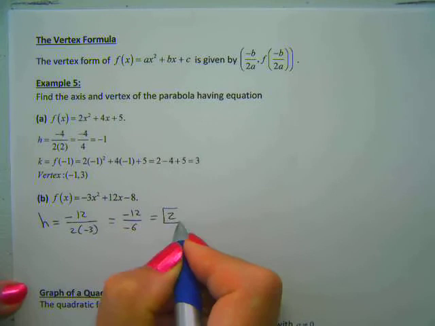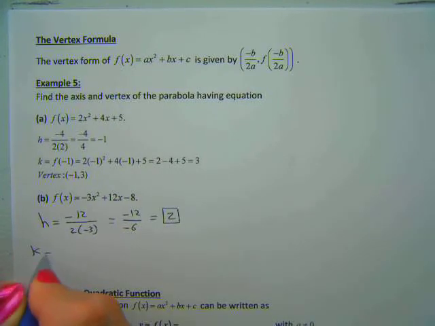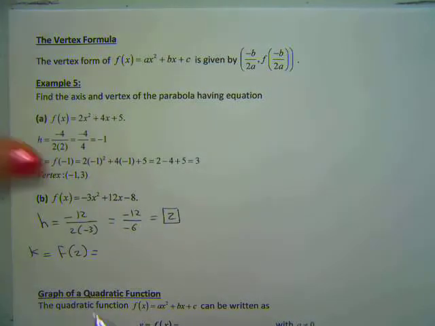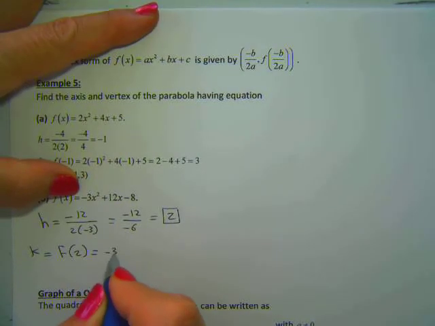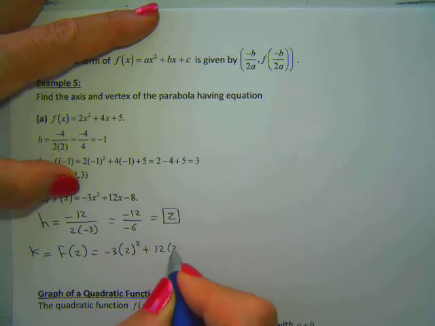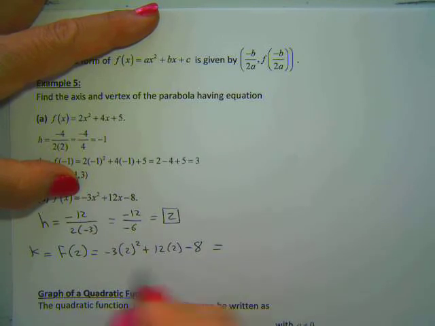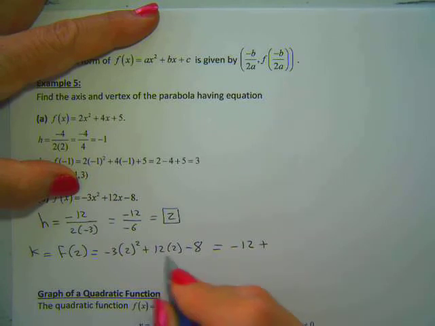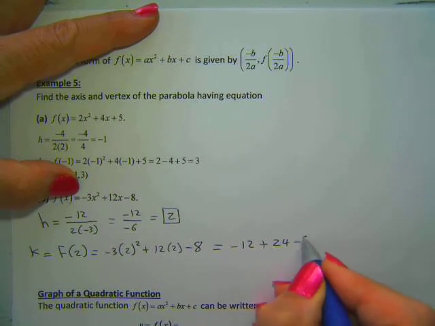I got the h. How can I find the k? The k is the value of the function at the h. So this is negative 3 times 2 squared plus 12 times 2 minus 8. So this is negative 3 times 4, negative 12, plus 24 minus 8.